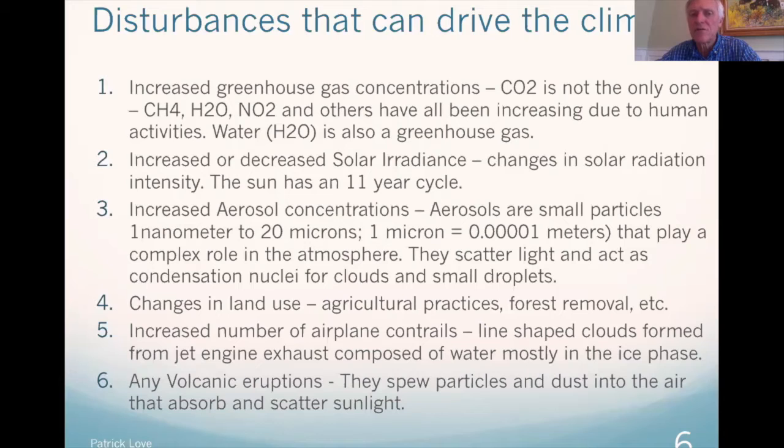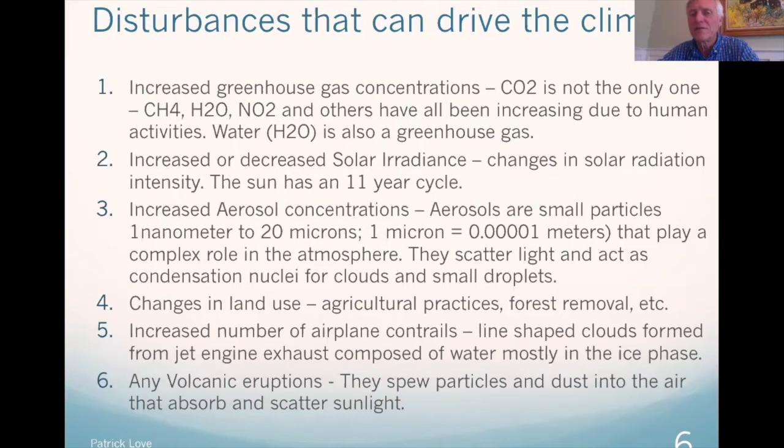Secondly, we could have increases or decreases in the solar irradiance, the energy coming from the sun. The sun is a middle-aged star. It does increase its intensity slightly over time. The more common thing that we see with the solar irradiance is the 11-year cycle. Some probably should be called the 22-year cycle, but we won't get into the details there.